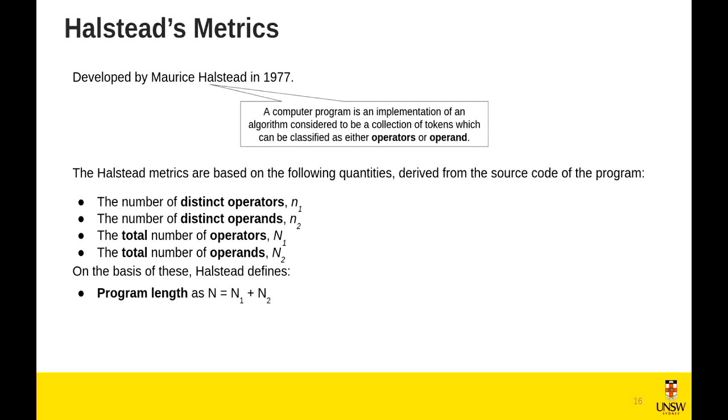On the basis of these quantities, we have the following metrics. The first one is program length, denoted as uppercase N, which is simply the total number of operators plus operands. This is quite straightforward. Then we have program vocabulary, which is the number of distinct operators plus distinct operands.